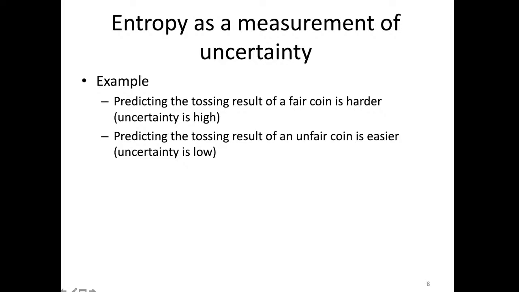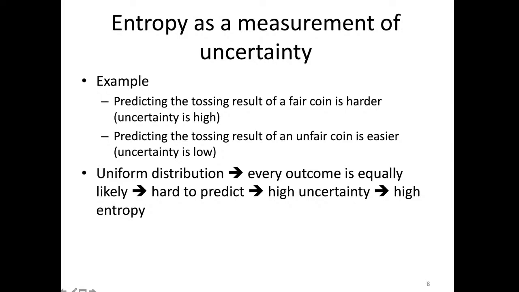On the other hand, in the second case, the uncertainty is lower, so it has a smaller entropy. So if we have a uniform distribution, which means everything is equally likely, then it's harder to predict the result, which means the uncertainty is higher, which means high entropy.